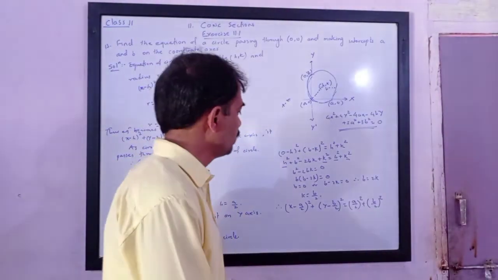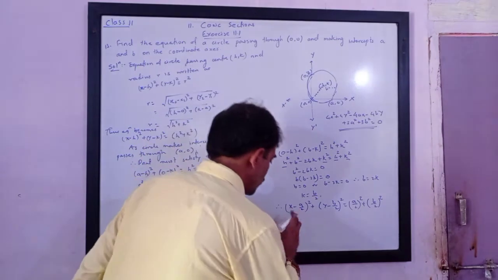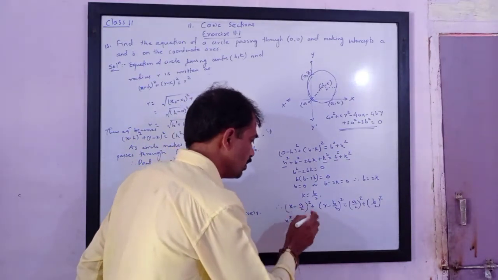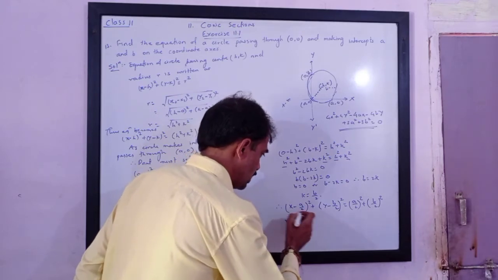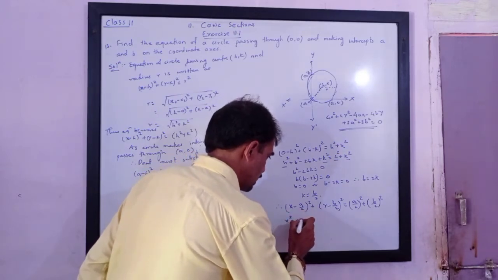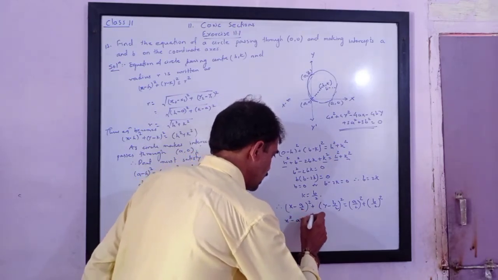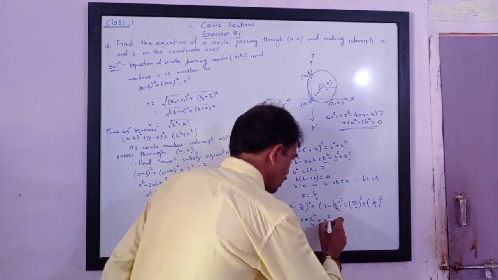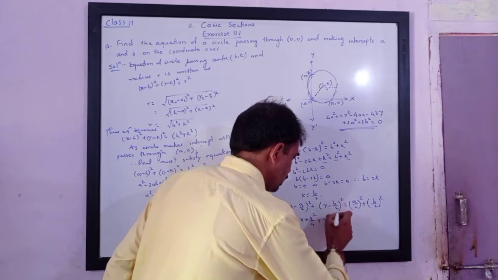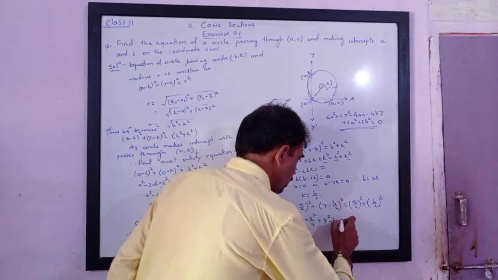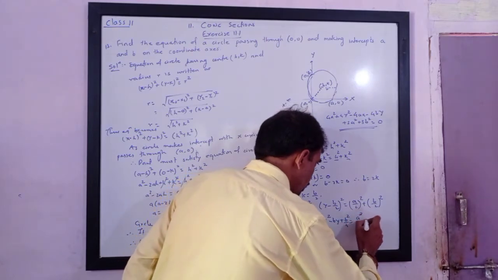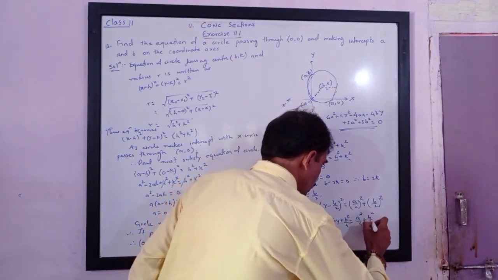Let us solve this. So we will get x square minus 2 times, first and second will get cancelled. We will have minus ax plus a square upon 4, plus this will be y square minus by plus b square upon 4 is equal to a square upon 4 plus b square upon 4.